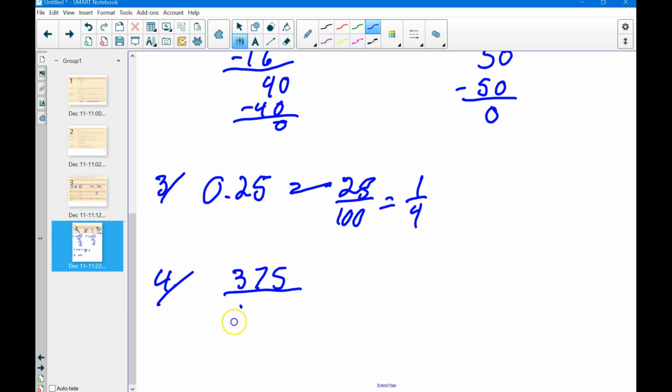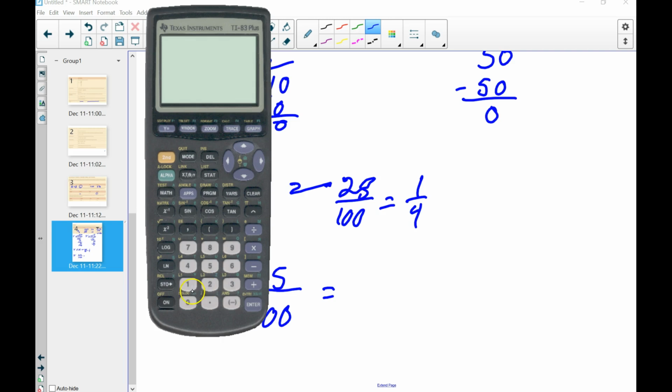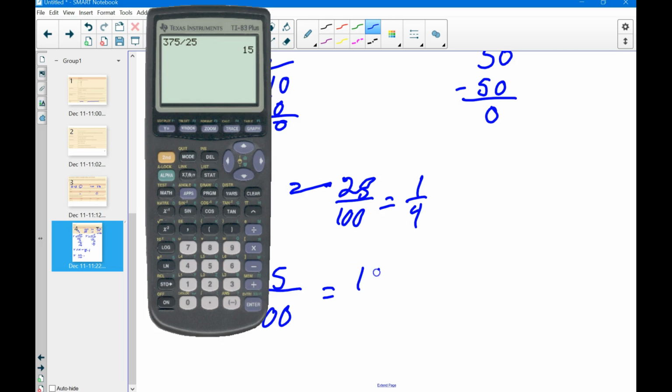Yep. Reducing that, 375 should be able to divide by 25. This is 15.